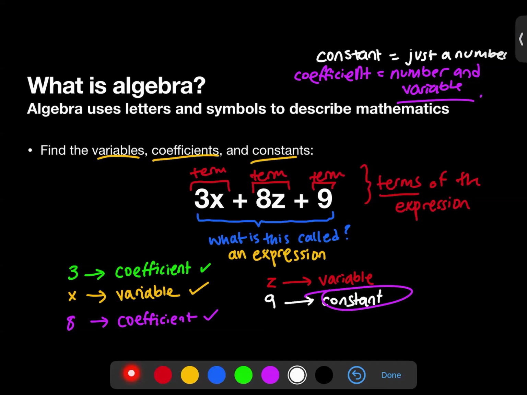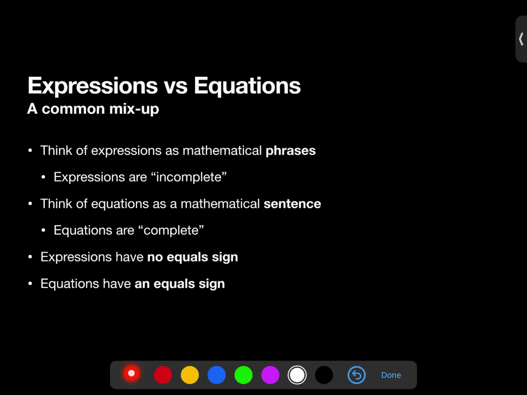Good. Okay. So now remember expressions. Expressions again are math sentences, so mathematical phrases. There's two key words to understand. There is expression and there's also equation. They're very similar, but they're very different. Think of expressions as mathematical phrases. Again, remember that word.